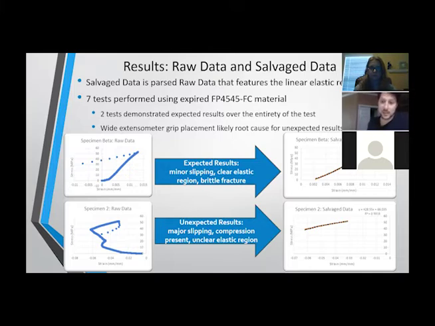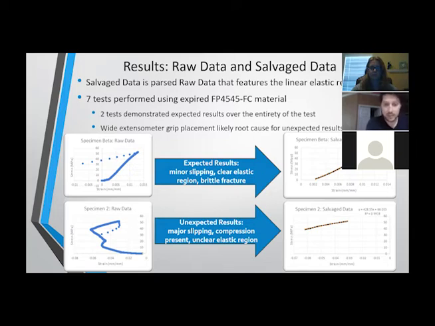Moving to the top right figure, you can see that the actual salvage data plot looks very similar to that raw data. We were able to use almost all of the data from that raw data test. Looking to the bottom left, this is an unexpected result, and major slipping is present. There's compression, as well as the elastic region being unclear.